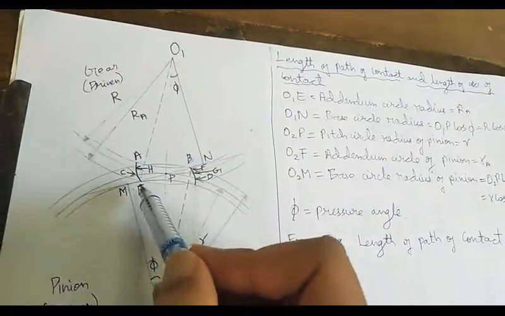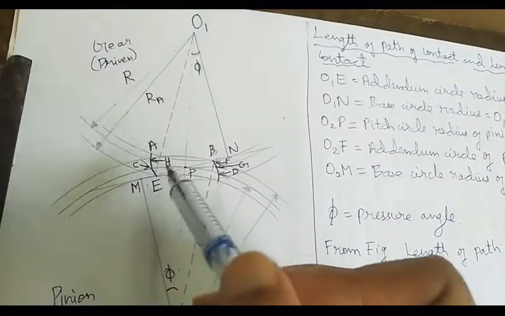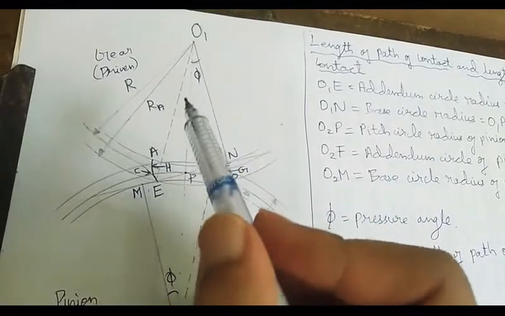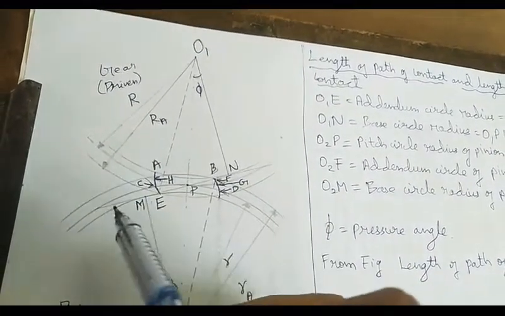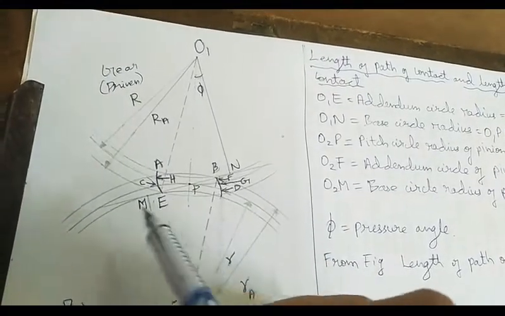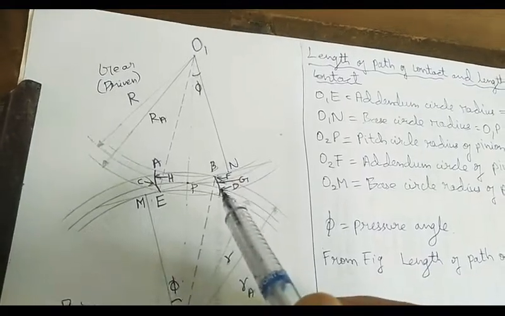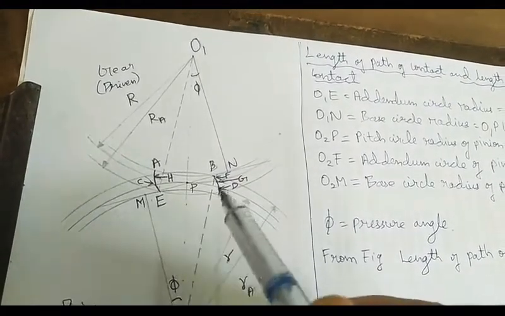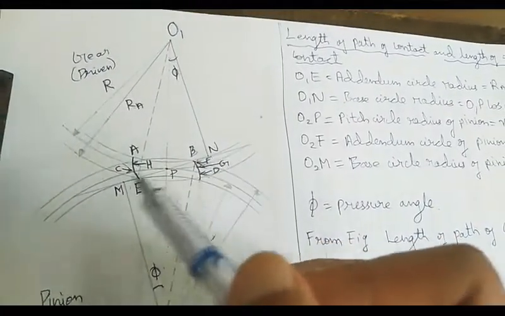It will start at E and it will end at F. E is the point on the dotted circle where it meets the line MN. The intersection of the dotted line and line MN is point E. Similarly, F is the intersection of the dotted line O2F and the straight line MN.